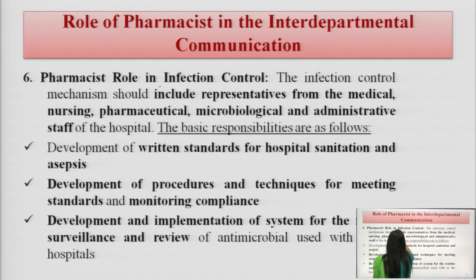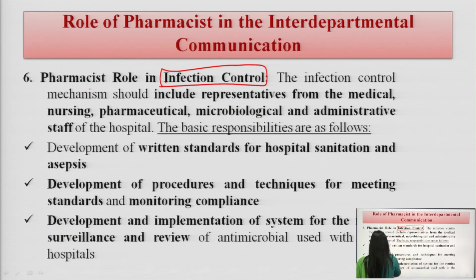Now they have a role in infection control. We are discussing it on a broad basis, how they are working in infection control. So see, what are the responsibilities here.